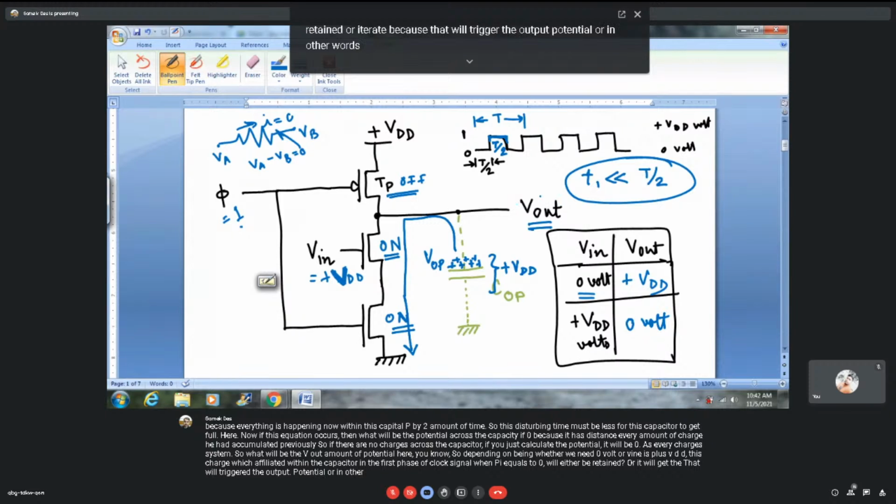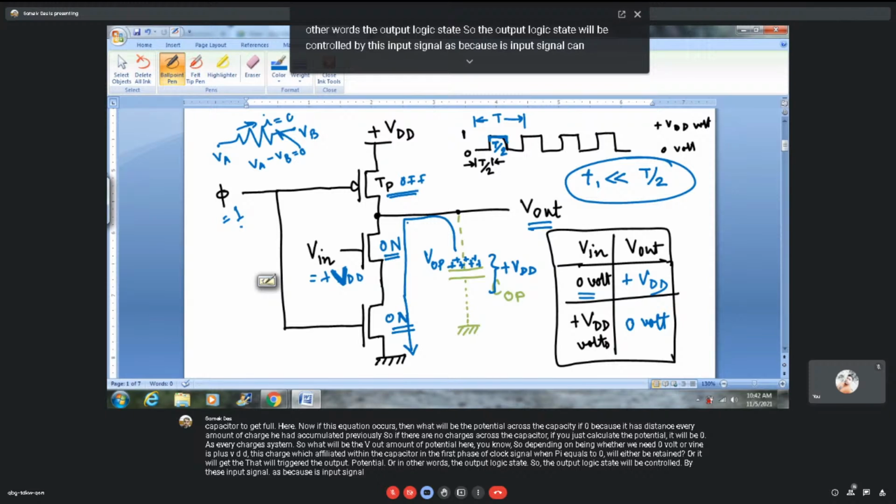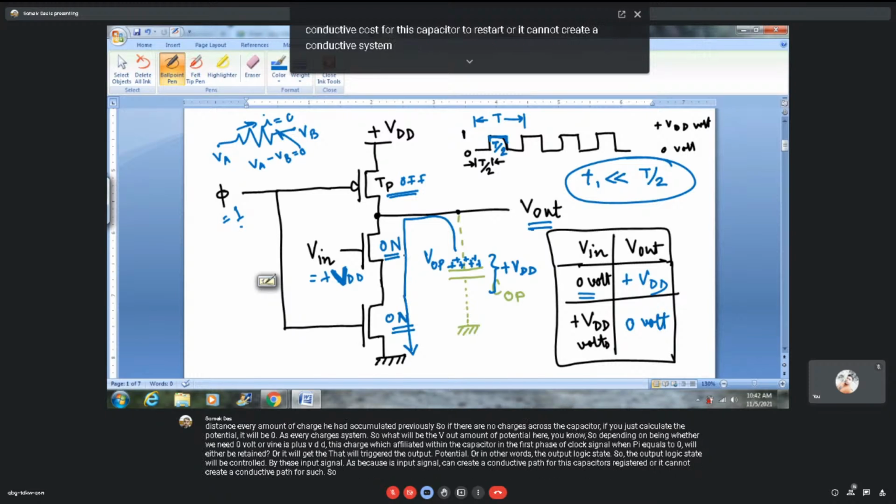So the output logic state will be controlled by this input signal, because this input signal can either create a conductive path for the capacitor to discharge, or it cannot.